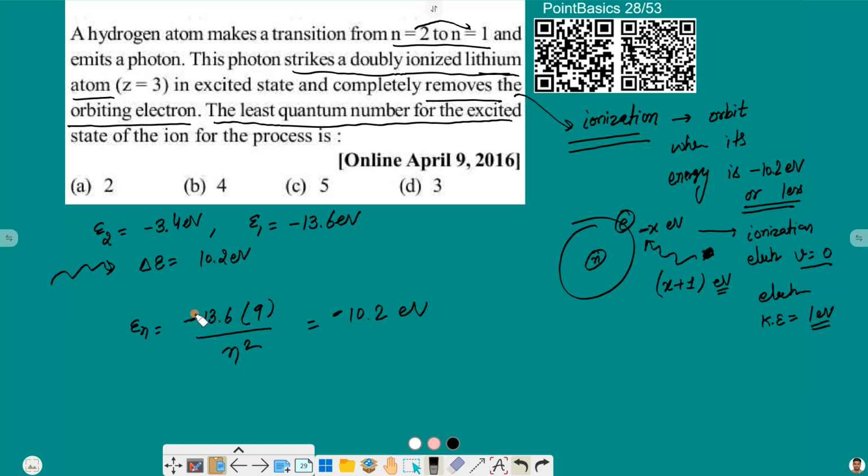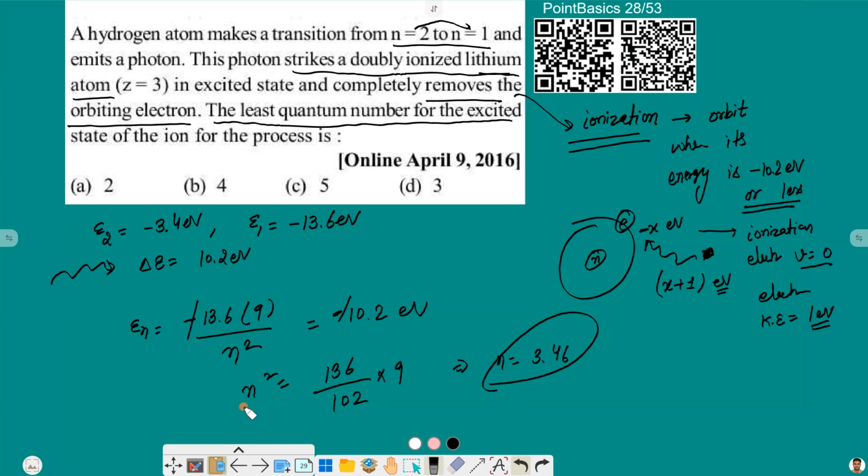If we solve this, we get n squared equal to 136 by 102 into 9, and from this we get n equal to 3.46.